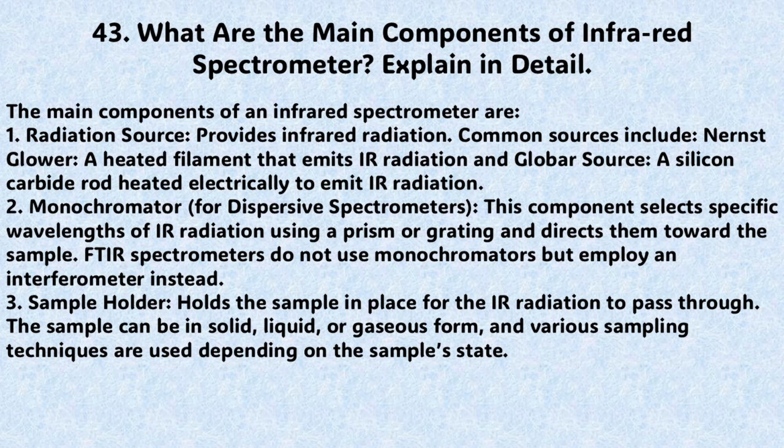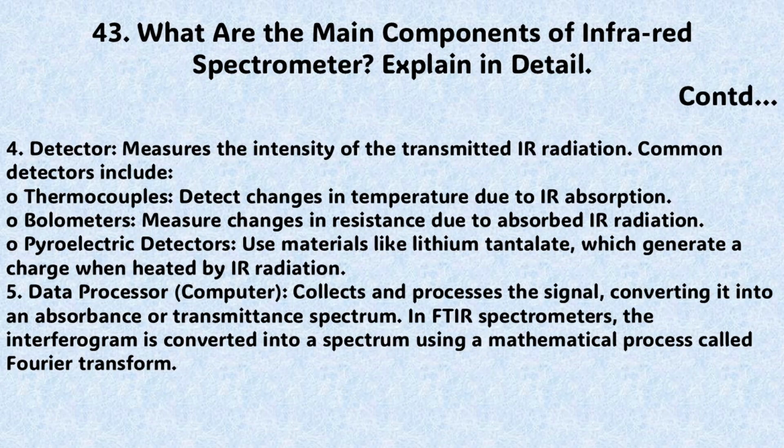The sample can be in solid, liquid, or gaseous form, and various sampling techniques are used depending on the sample's state. Detector measures the intensity of the transmitted infrared radiation. Common detectors include thermocouples, which detect changes in temperature due to infrared absorption.